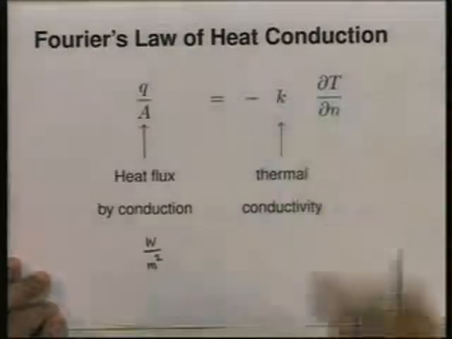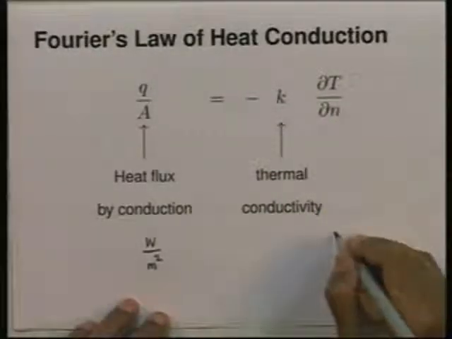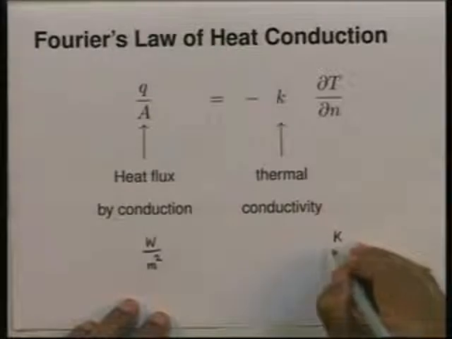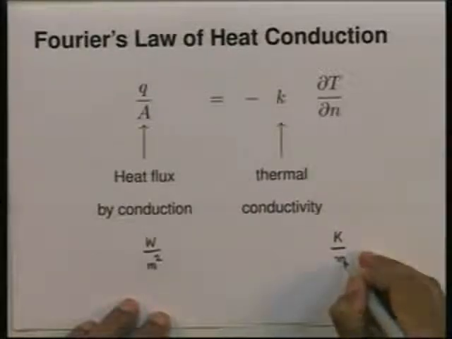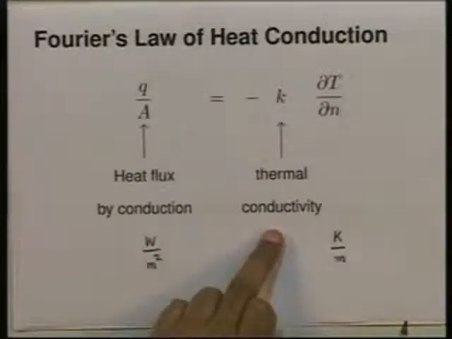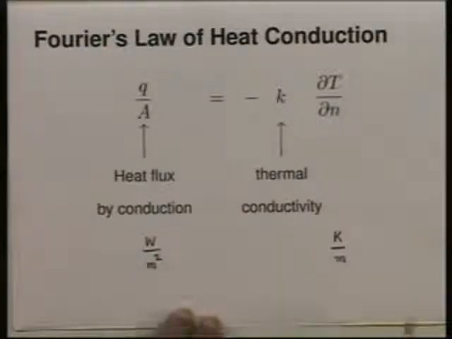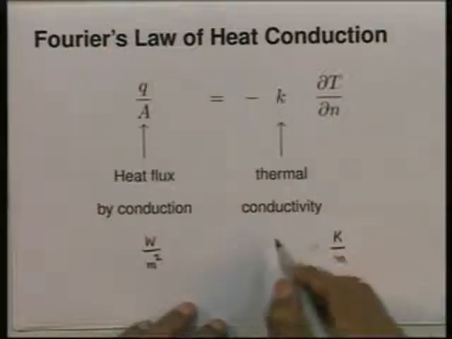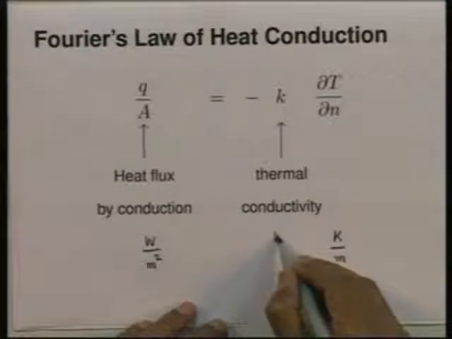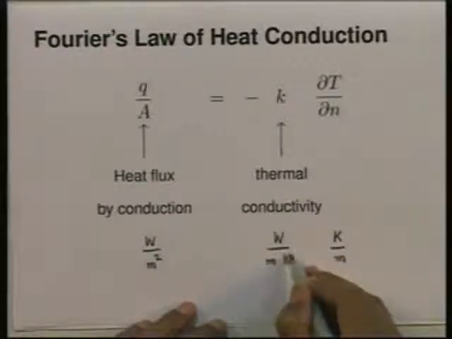The gradient of temperature dT dn would be in degrees Kelvin per meter. It follows therefore that the units of the proportionality constant, which we call the thermal conductivity of the material, would be watts per meter Kelvin.